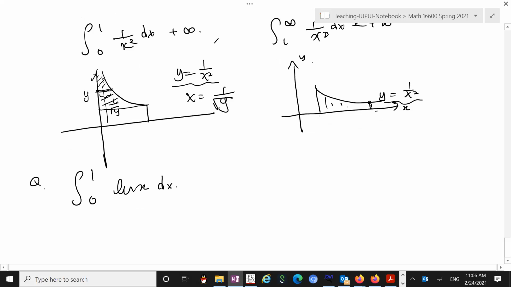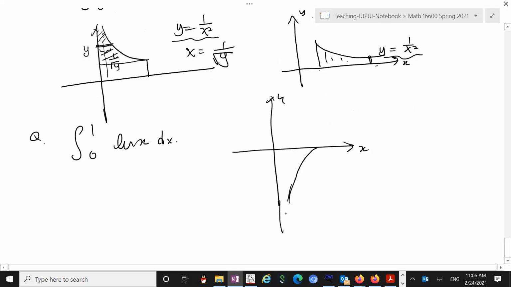So the picture looks like that. Does it have a finite area? So y equals natural log of x.